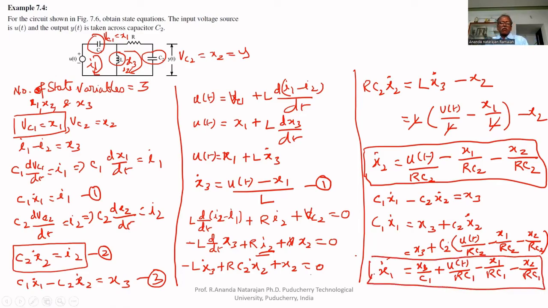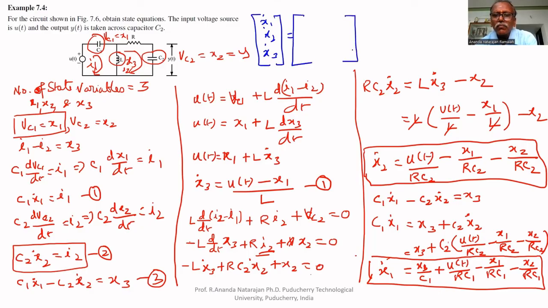Now we can put all together in matrix form. We got x1 dot, x2 dot, x3 dot, all equations together in matrix form, equal to the matrix times x1, x2, x3 plus the matrix times u of t.